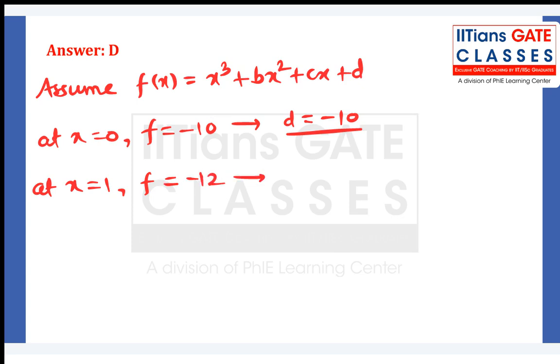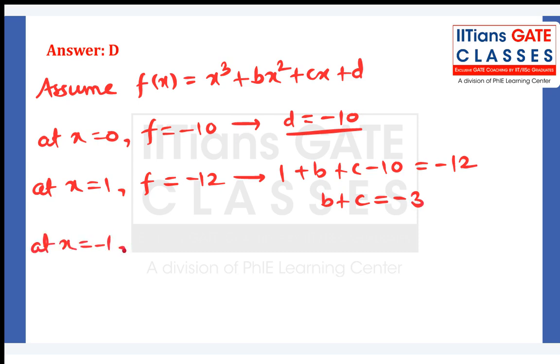So if you put x equal to 1, what do you get? 1 plus b plus c minus 10 is minus 12. So you get b plus c as minus 3, and you just need one more data point, so just take x equal to minus 1.